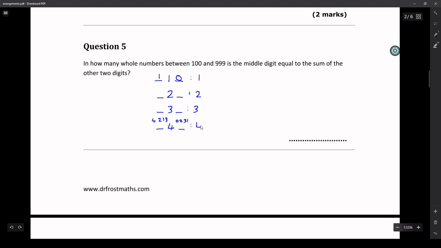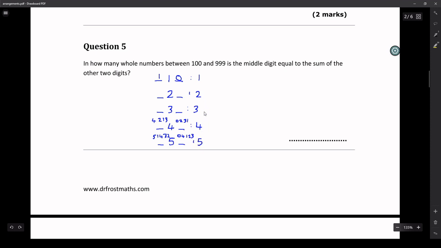That is 4 possible numbers. If the middle digit is a 5, then we could have 550, 154 and 451, 352 and 253. So that's 5 possible numbers.